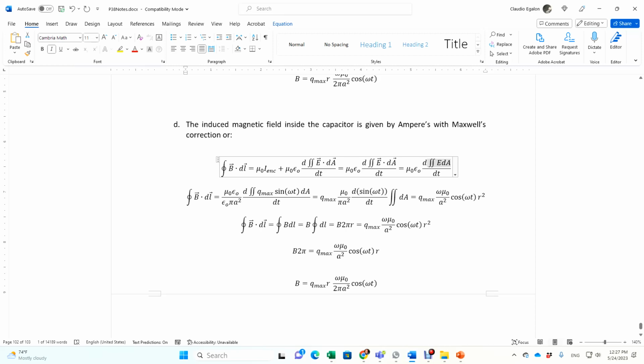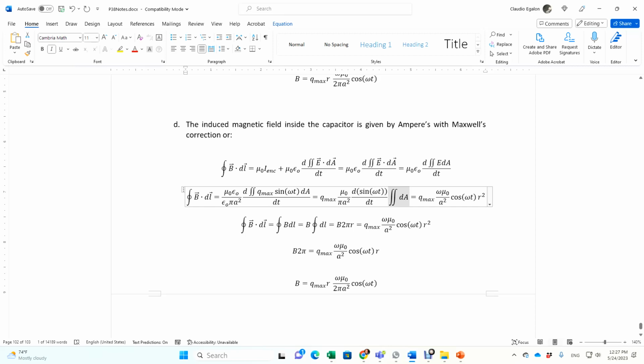We are going to have a uniform electric field within that region of the capacitor, but just outside the capacitor the electric field is going to be 0. The electric field doesn't change here. What changes is going to be this one.